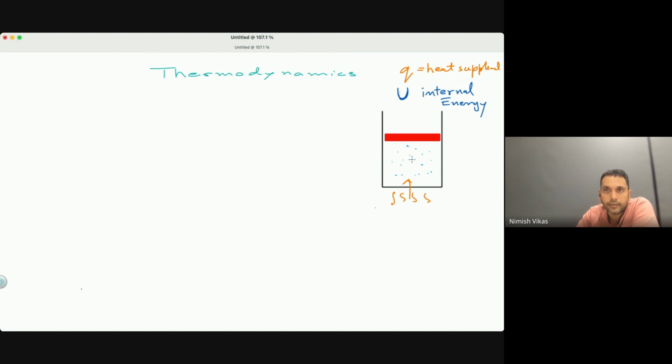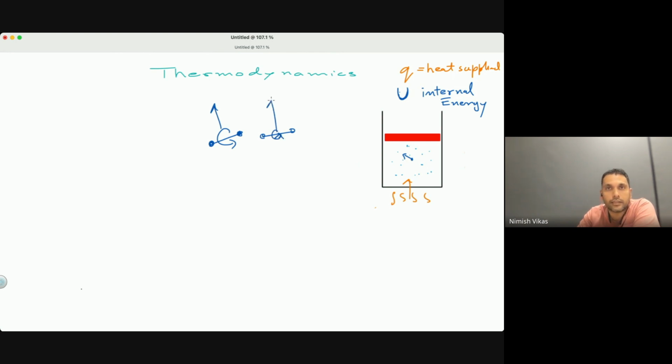Yes, guys. Each molecule is moving, right? So it has got a certain kinetic energy. Those molecules can be of various shapes. There can be diatomic molecules, right? So apart from moving, it can be rotating also, and we know that due to a particle rotating, it will have rotational kinetic energy.